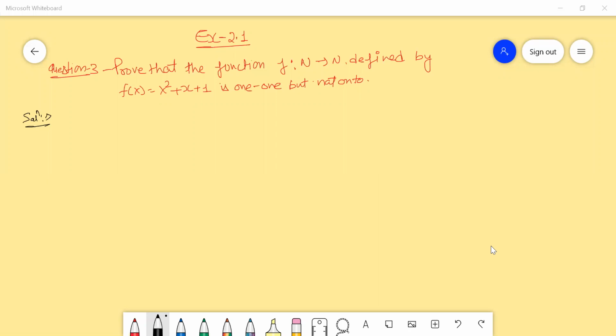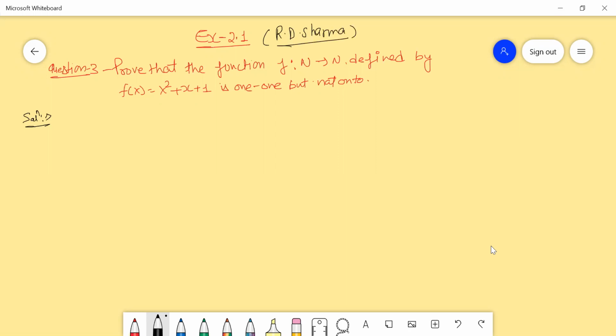In the last lesson, we discussed exercise 2.1, question number 1 and question number 2. Now we are going to discuss question number 3 of exercise 2.1, and this exercise is based on RD Sharma.